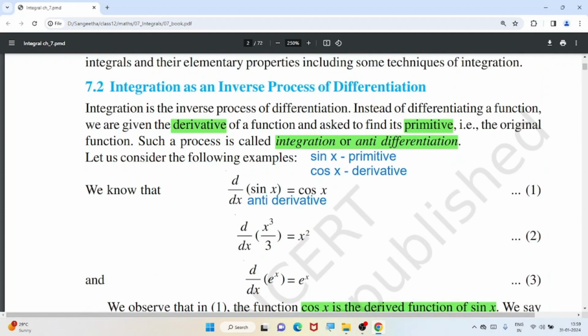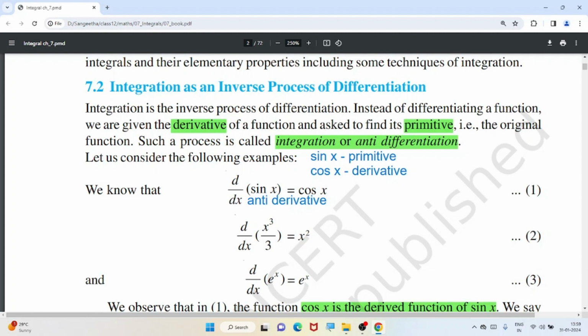Integration is the inverse process of differentiation. Instead of differentiating a function, we are given a derivative of a function and asked to find the primitive. If you differentiate sin x, you will get cos x.